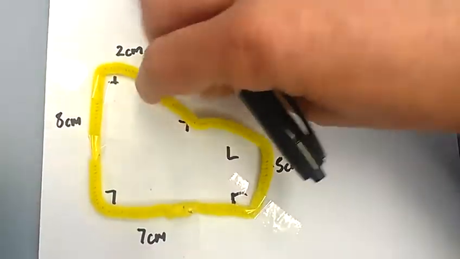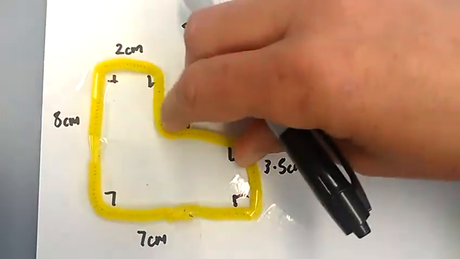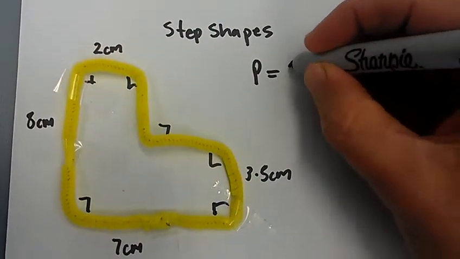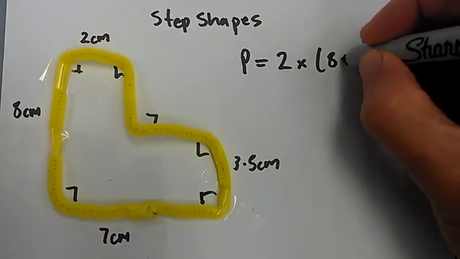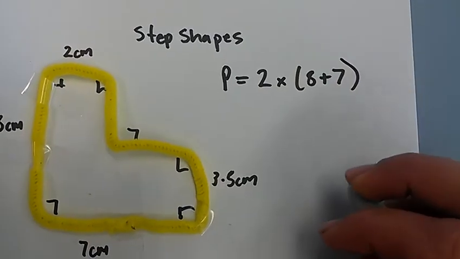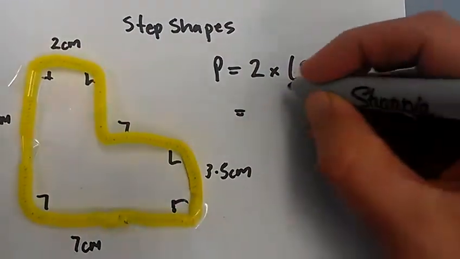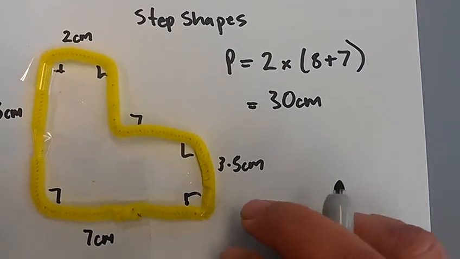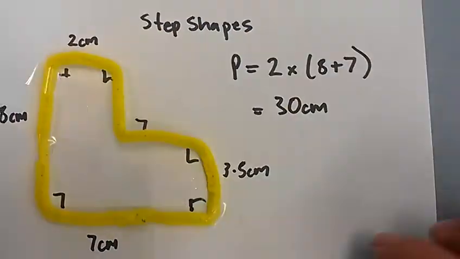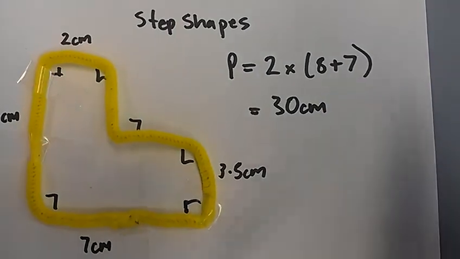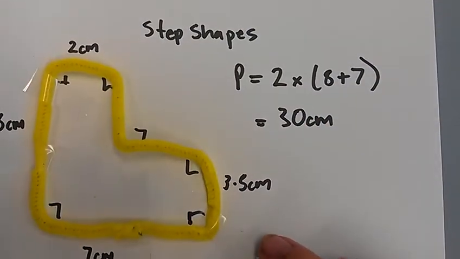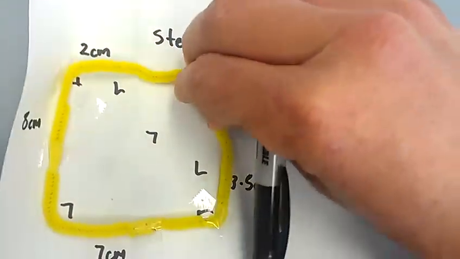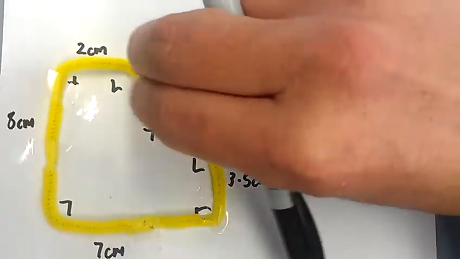So for my step shapes, rather than having to work out those missing lengths, I can simply say the perimeter is equal to 2 lots of the 8 plus the 7. That's a little shortcut method, giving me 30 centimetres. So it works with these sorts of L-shaped ones where you can just keep pushing it out to make it into a rectangle.